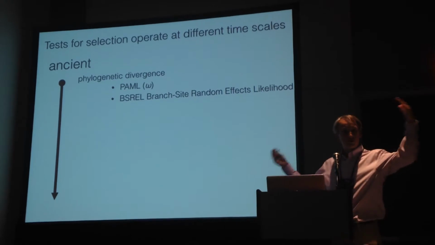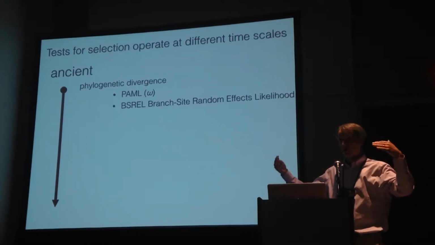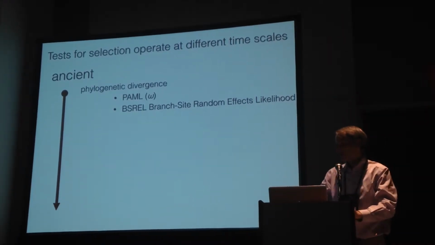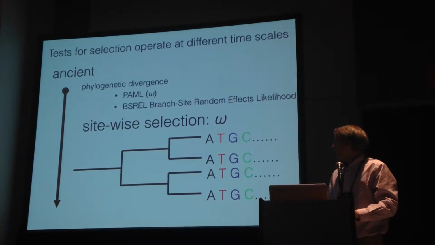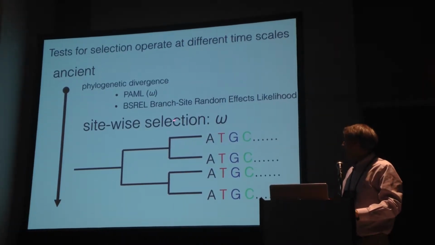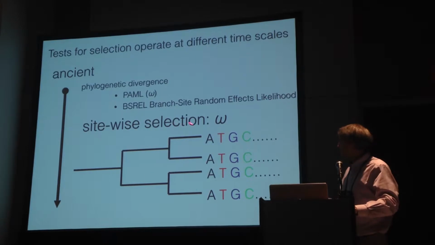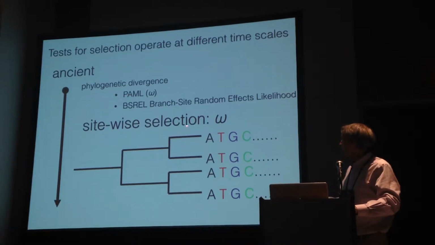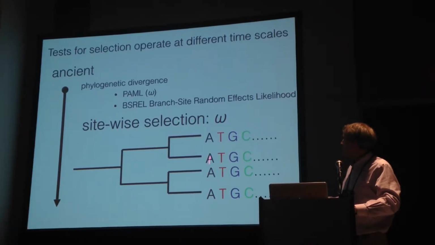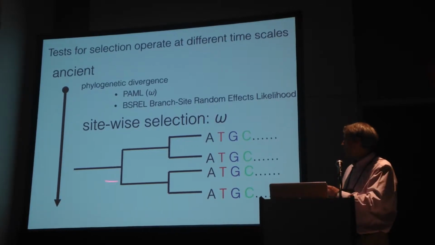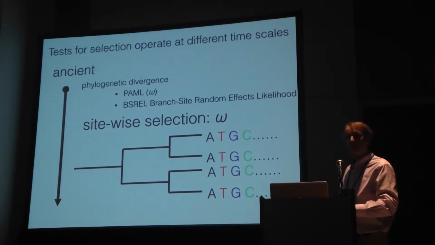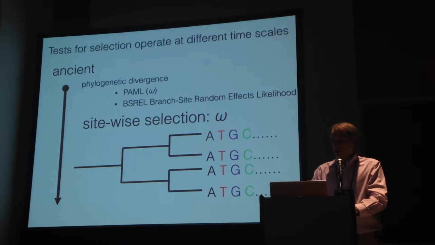These are methods that look over deep time with a phylogeny to define selection that occurred over much longer time scales. There are also approaches within those, which we've heard about a little bit in this session, to do site-wise selection, looking at individual sites and trying to figure out which sites over the entire phylogeny, or possibly within regions of the phylogeny, are under selection.